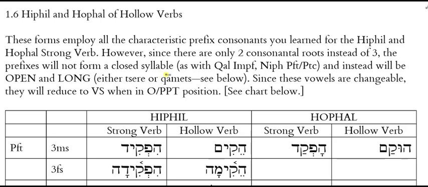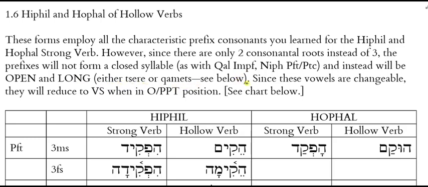Okay? They will not form a closed syllable. We saw this with the hollow verbs in the qal imperfect and the nifal participle and perfect. Instead, the prefix will be an open and a long syllable. Okay? It's going to have a tsere or a kametz.